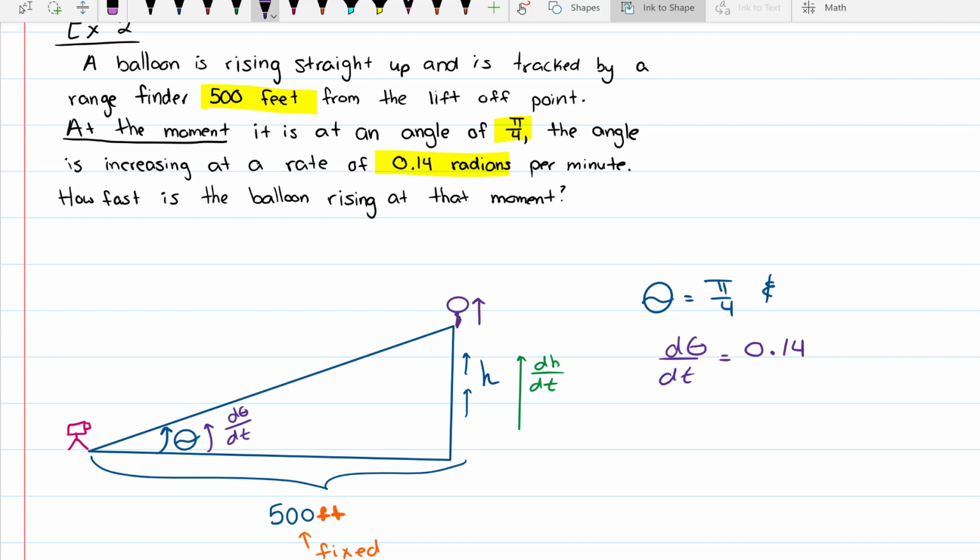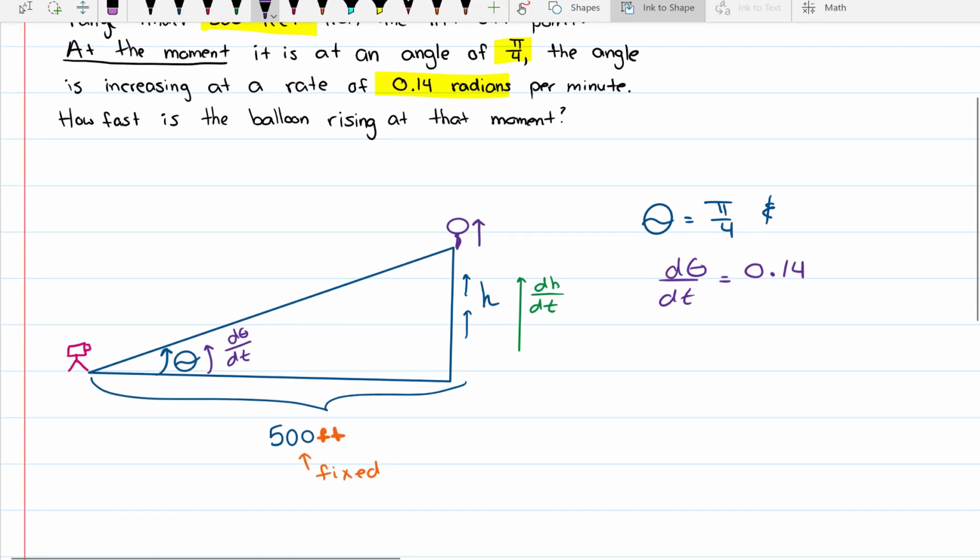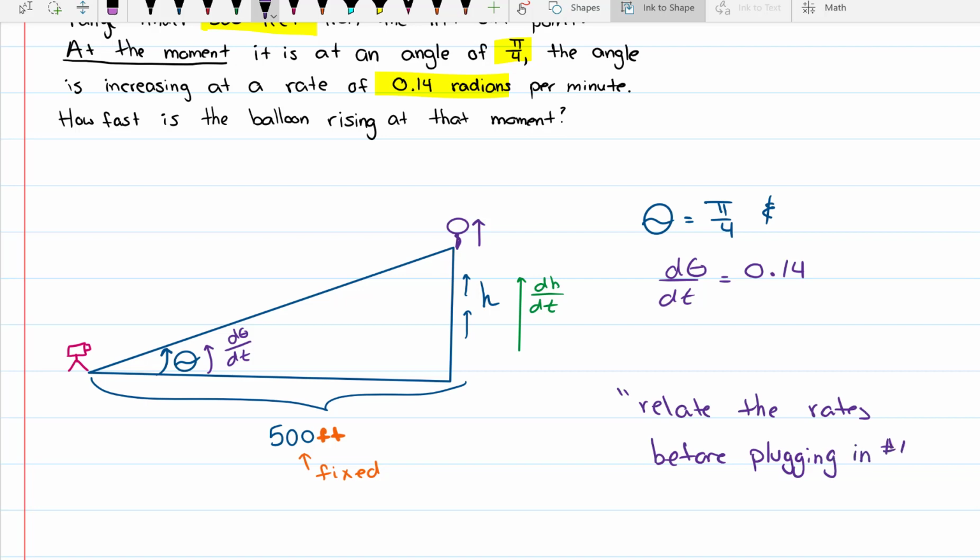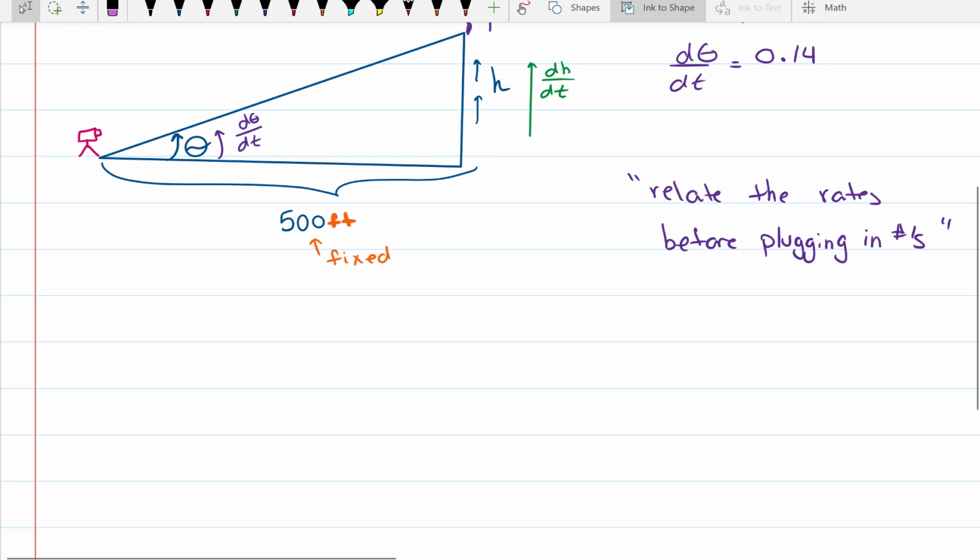Okay? So we always want to relate the rates before plugging in numbers. So what we need is a formula to relate an angle and two sides of a triangle.